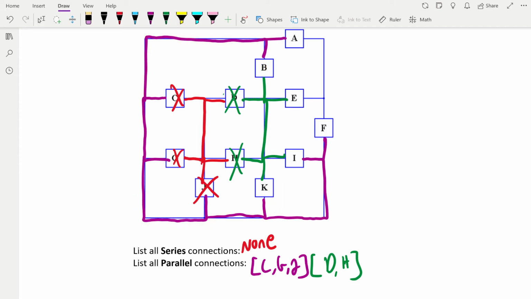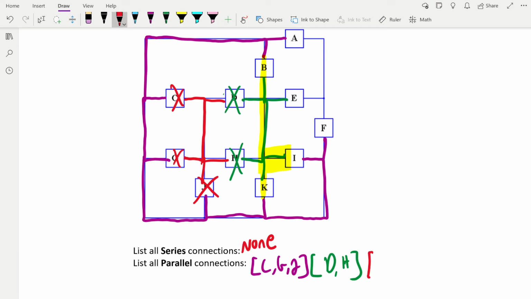So I see that B and K are in parallel, and then I say, oh, well, also I, right? Because all three of these reach each other, and then they also reach this purple connection down here. But not E because F is in the way, right? So only B, K, and I are in parallel.